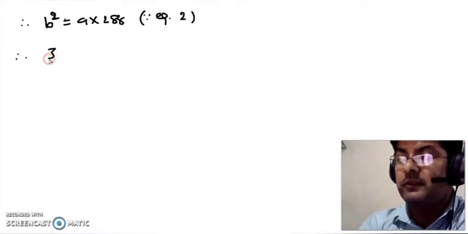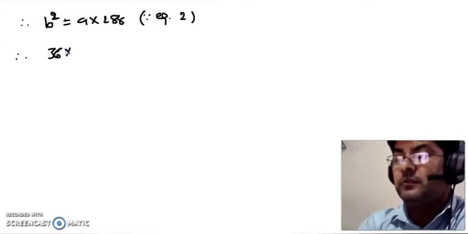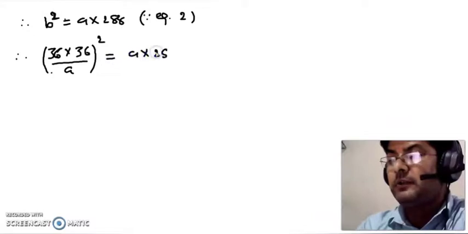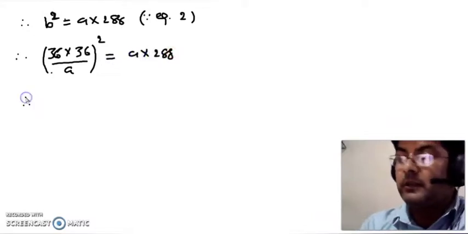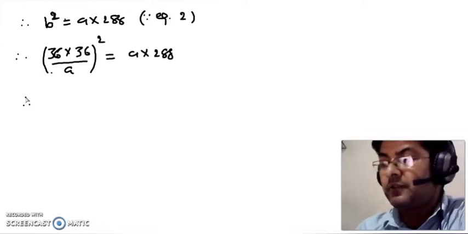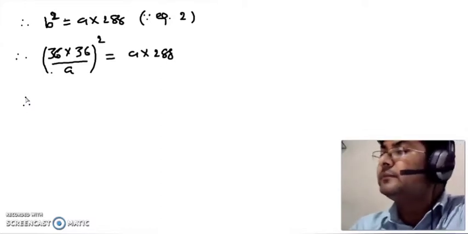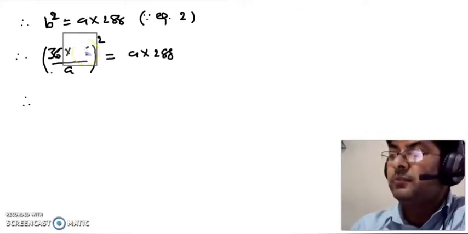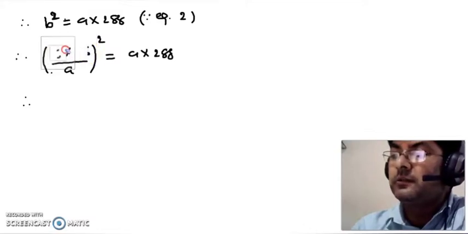So here 36 into 36 upon a, the whole square, is equal to a into 288. Rather than writing 36 into 36, let me put here 36 the whole square.